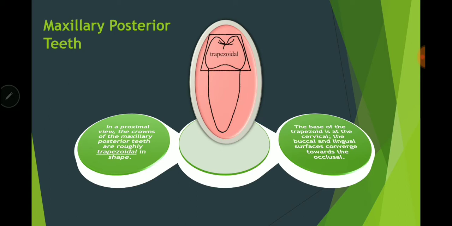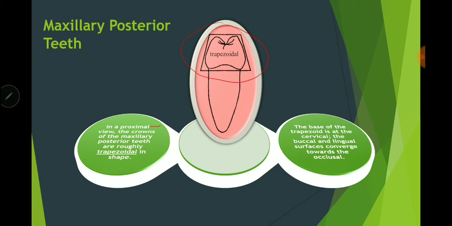In the proximal view, the crowns of maxillary posterior teeth are roughly trapezoidal, as you can see in the picture here.